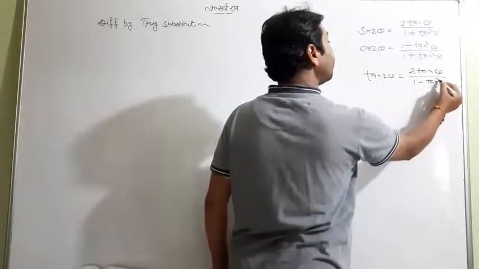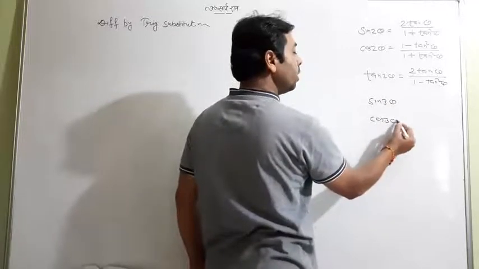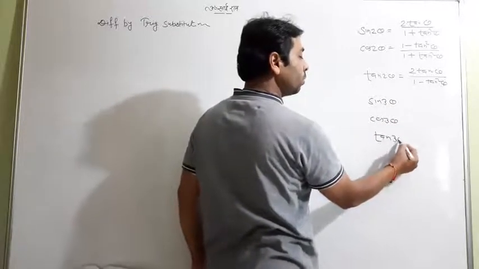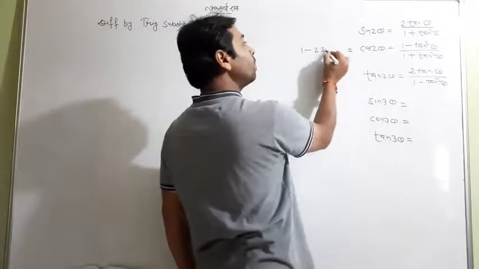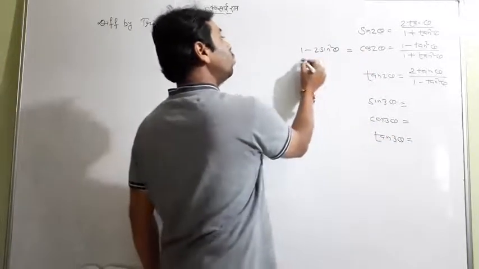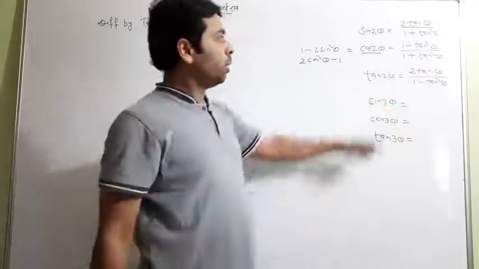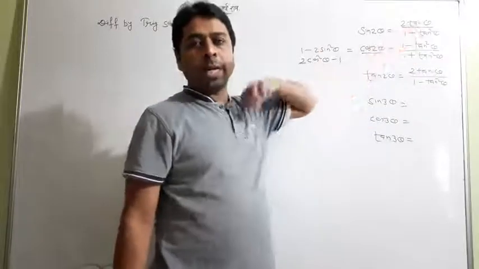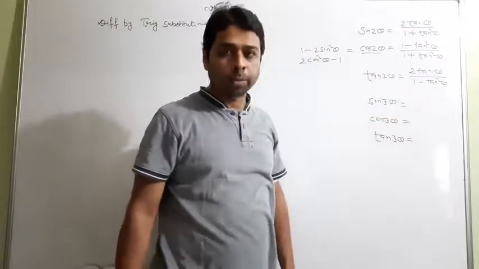I also wrote sin 3 theta, cos 3 theta, tan 3 theta, and so on. We have two more formulas for cos 2 theta: 1 minus 2 sin square theta, or 2 cos square theta minus 1. So we had all these formulas, and based on them, we solved the problems.